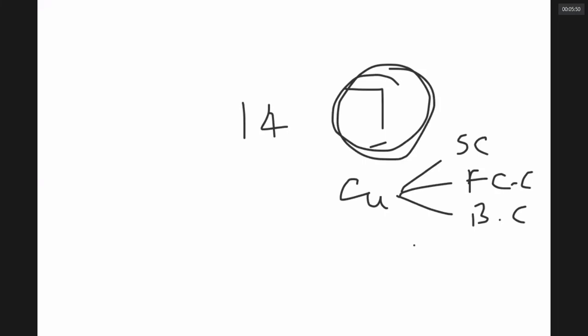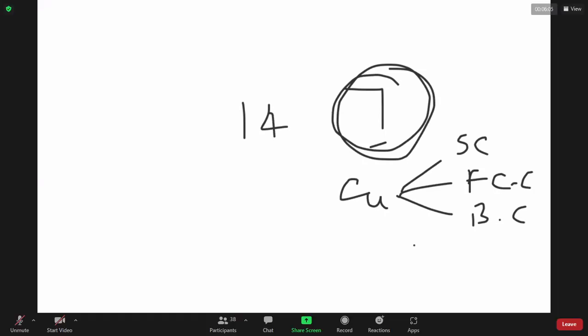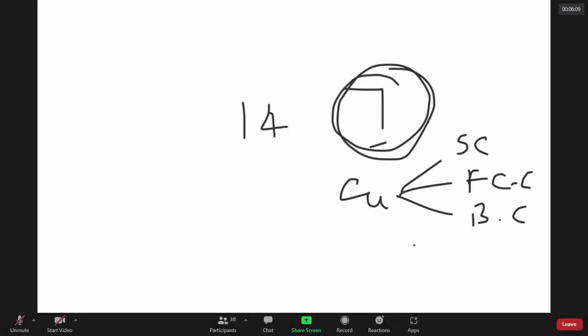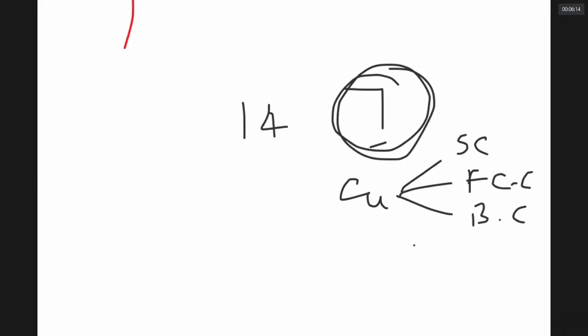What type of solid is sulfur? Sulfur has S8 molecules. It is a molecular solid where molecules are held by only van der Waals attractions. What type of solid is HCl? It is a molecular solid with polar dipole attractions. What type of solid is cesium chloride?